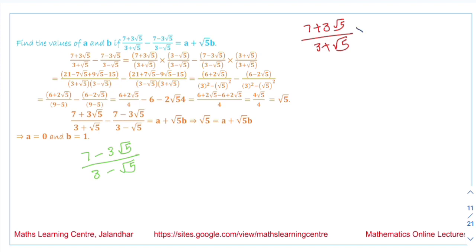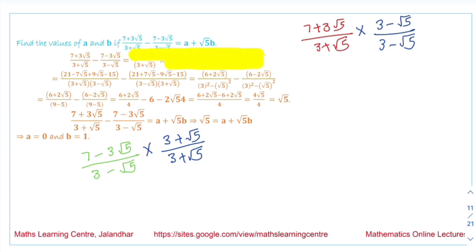When we rationalize the first term, we multiply and divide it with 3 minus square root of 5. To rationalize the second term, we multiply and divide it with 3 plus square root of 5. You can solve these separately.